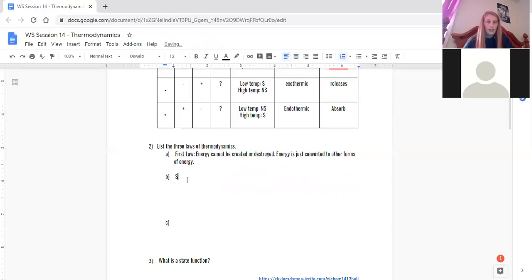So what is the second law? This has to do with entropy.